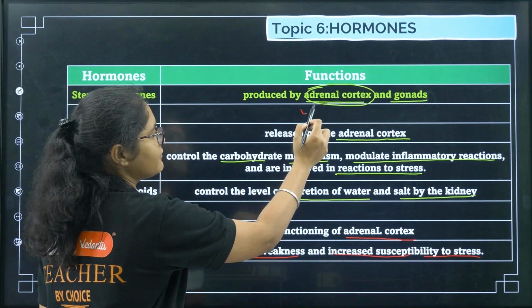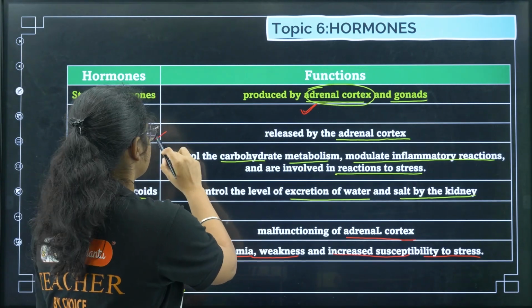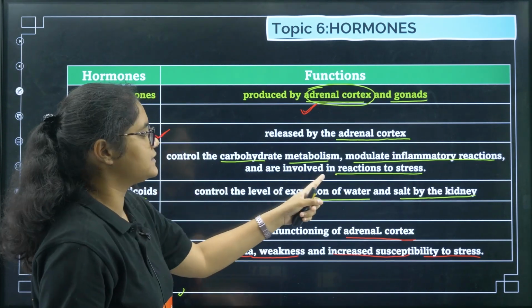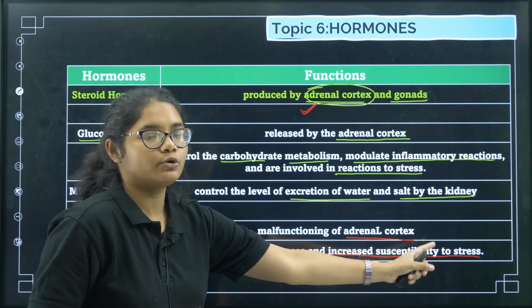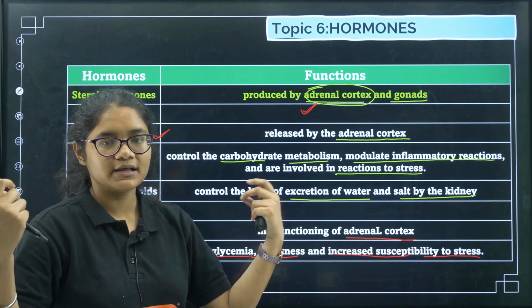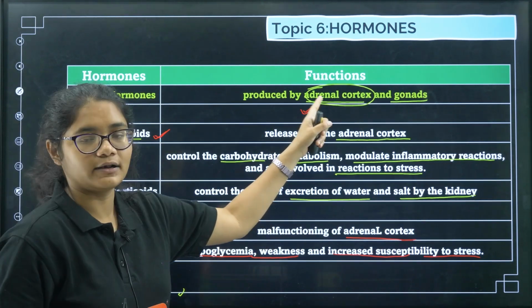Now if the adrenal cortex is not functioning properly, then glucocorticoids will not be released correctly. If glucocorticoids are not released, then your stress management will be less. So that is why you will be more prone to stress. In small incidents you may get stressed more. Okay. So Addison's disease is the malfunctioning of your adrenal cortex.